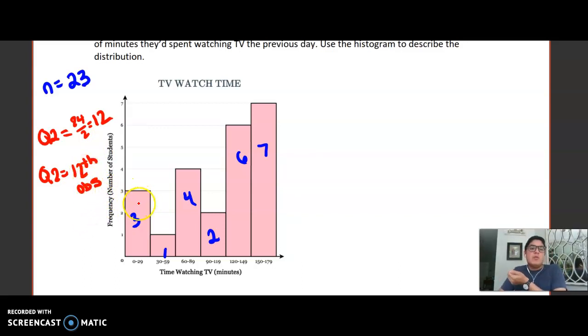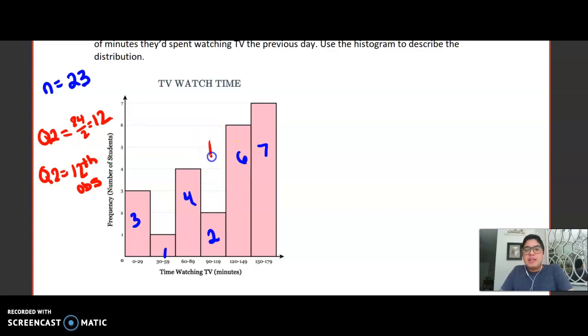So let's check. Well, 3 observations are here. That's not 12. In totality, cumulatively, 3 plus 1 is 4. That's still not 12. Well, here underneath 89 minutes, I have 3 plus 1 plus 4, that's now 8, still not 12, plus another 2, now we're at 10, so 10 plus 6, 16.